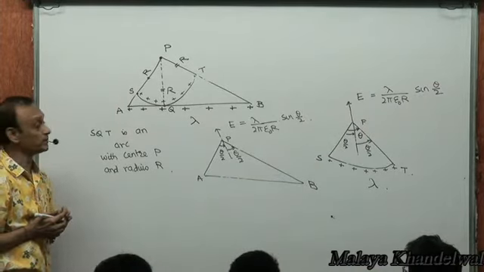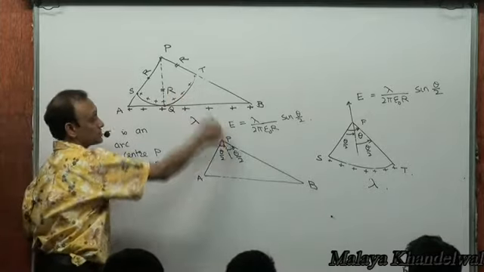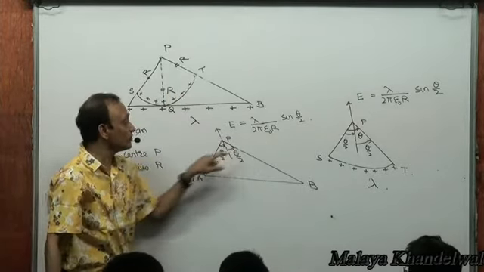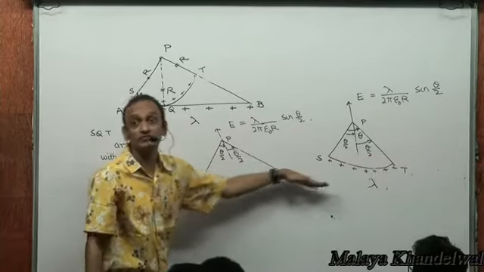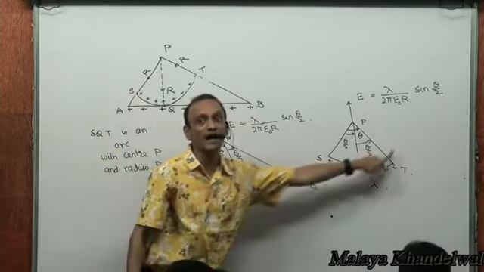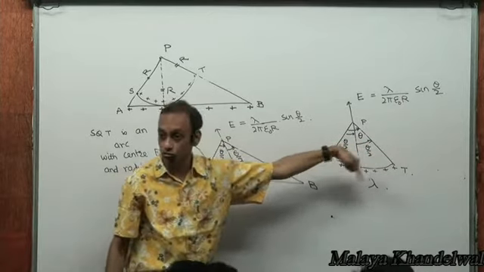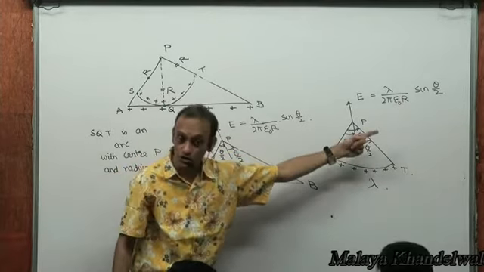That will be the field at P. It will be along the angle bisector at P, and the magnitude of the field will be the same as the field produced by this arc of charge. That means this line of charge could have been replaced by an arc, which would have been a lot easier to deal with.